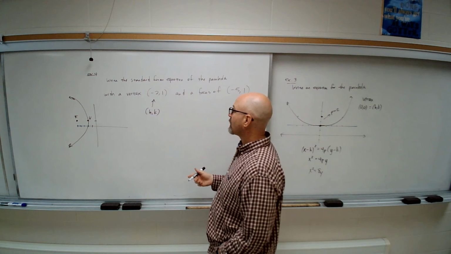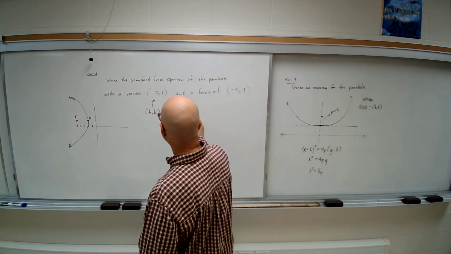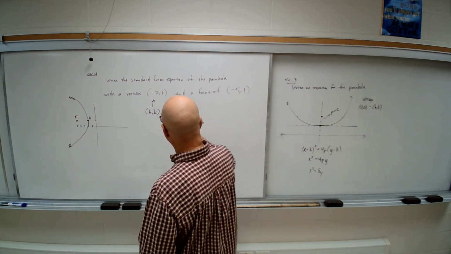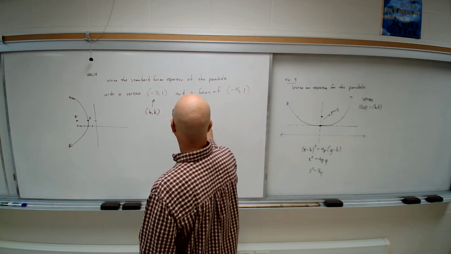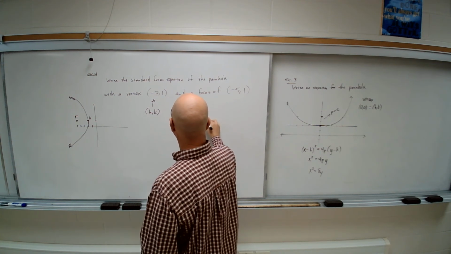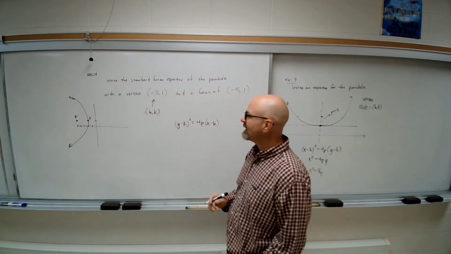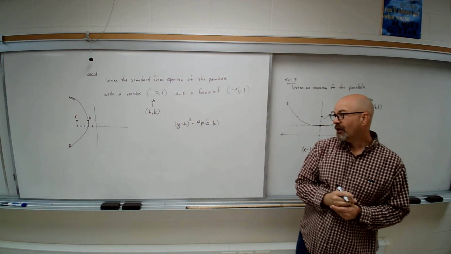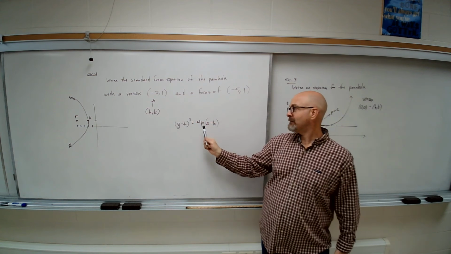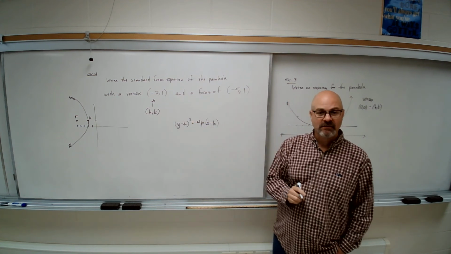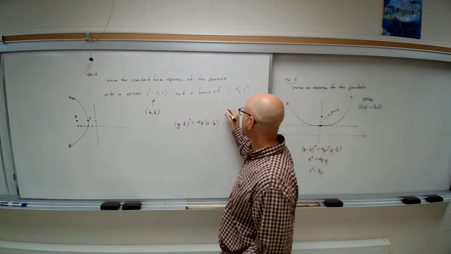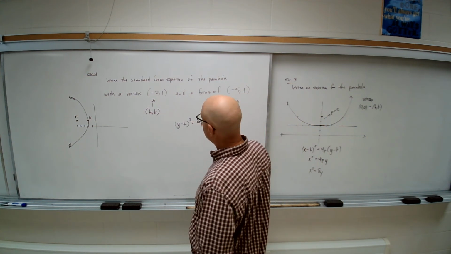So that means our equation is going to be (y minus k) squared equals 4p(x minus h). We know h and k, so we have to find p, which is just the distance between the vertex and focus, correct? So that distance would be -3.